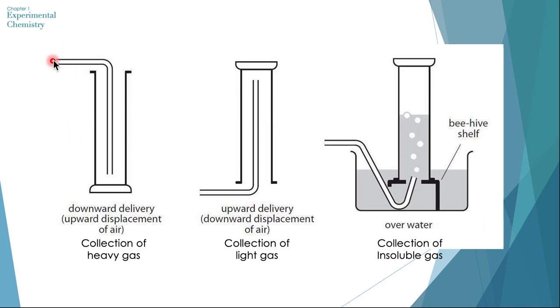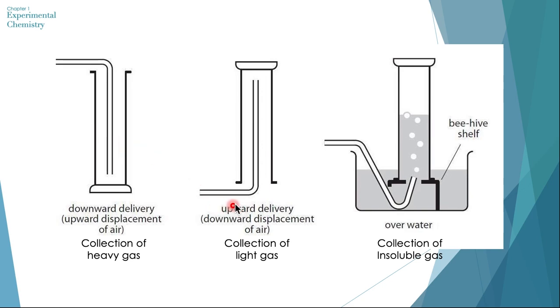Because heavy gases fall down, that is why we use the downward delivery upward displacement method. What happens is that the gas goes downwards, it's a downward delivery of the gas, and an upward displacement of air. That means that the air is pushed upwards. Okay, so this is the collection of a heavy gas.